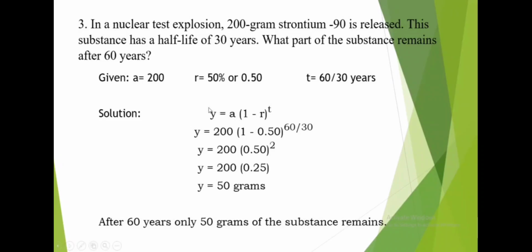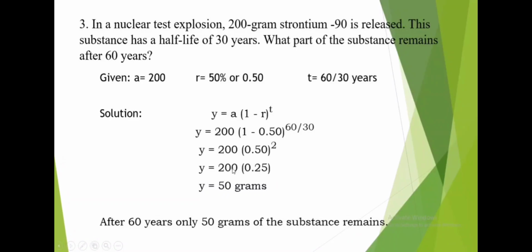Substitute all the givens to the formula. We have A is 200, R is 0.50, then T is 60 over 30. 1 minus 0.50 is 0.50 also. 60 divided by 30 is 2. 0.50 raised to the power of 2 is 0.25. 0.25 of 200 is 50 grams. That means after 60 years, only 50 grams of the substance remains.